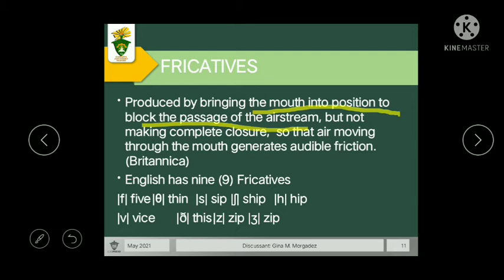For the voiced, we have vice, these, zip, and Z for measure.